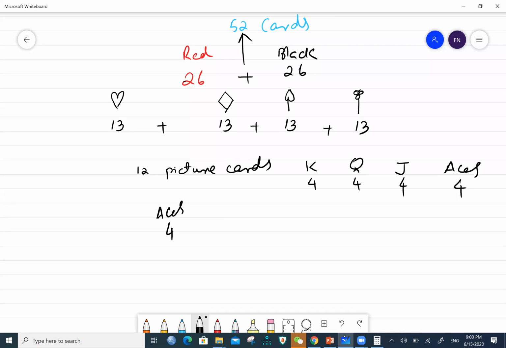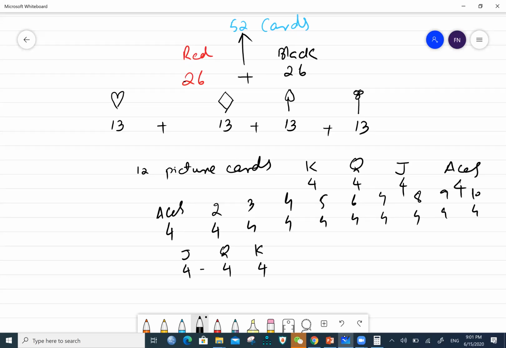Then 4 cards with number 2, 4 cards with number 3, 4 cards with number 4, 4 cards with number 5, 4 cards with number 6, 4 cards with number 7, 4 cards with number 8, 4 cards with number 9, 4 cards with number 10. Then come Jack, Queen, and King, 4 cards each. All these are 52 playing cards.